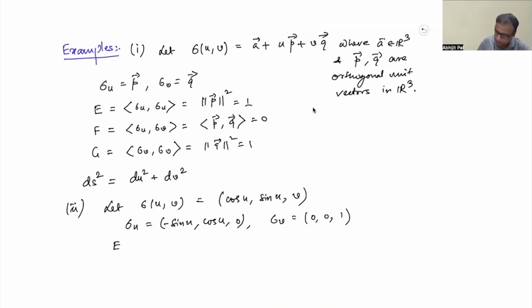And E, again it is equal to 1 here. F is equal to 0 because the inner product of sigma_u and sigma_v is equal to 0. And G is the inner product of sigma_v with sigma_v, which is again equal to 1. So here also ds squared is equal to du squared plus dv squared.